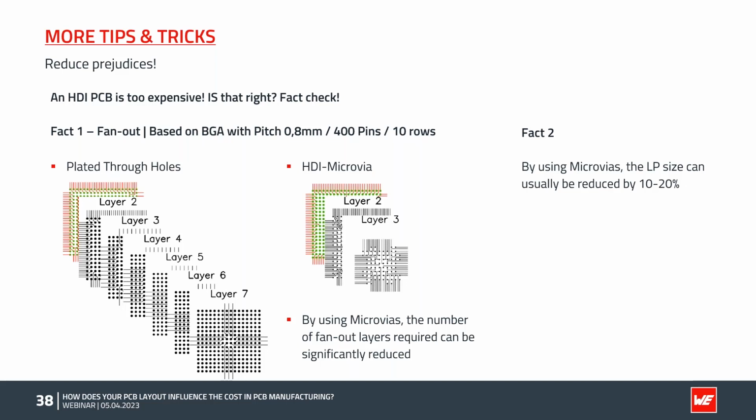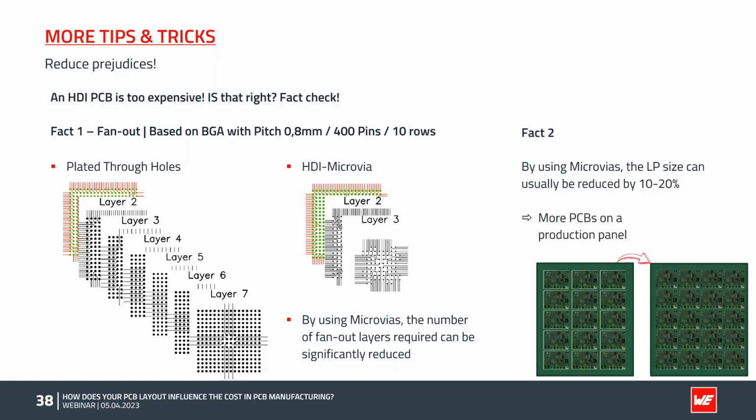And again, we've seen in the beginning of the webinar that a reduction of size of the PCB means a reduction of cost. So now you already have 2 parameters. You can have fewer layers and a smaller PCB size. So you really can come to the point that the cost goes down by using HDI microvia technology due to those 2 parameters.